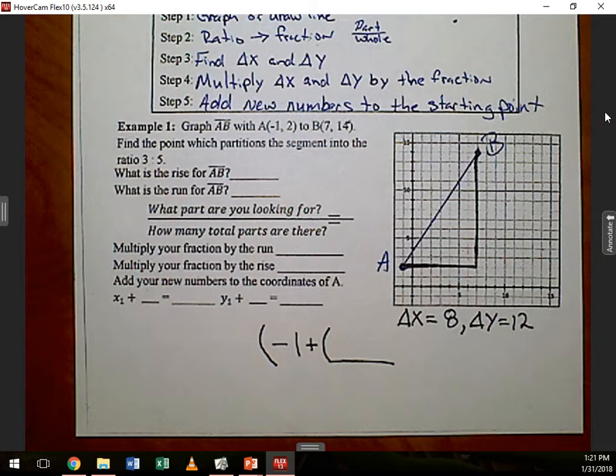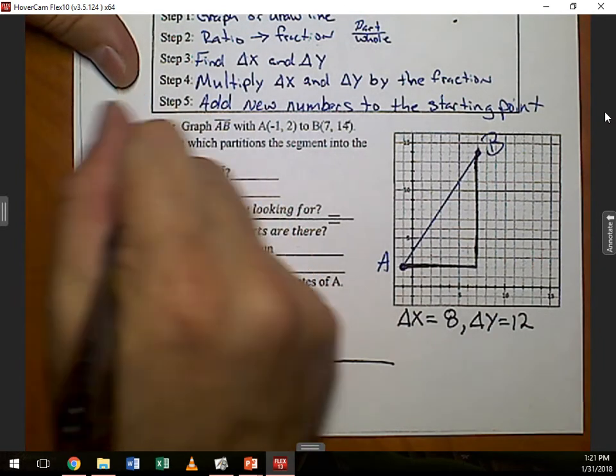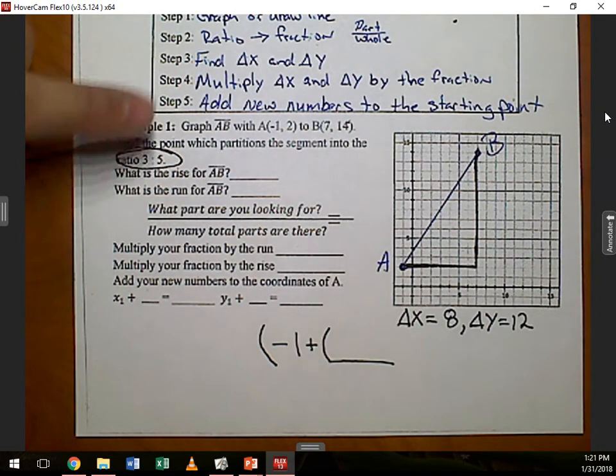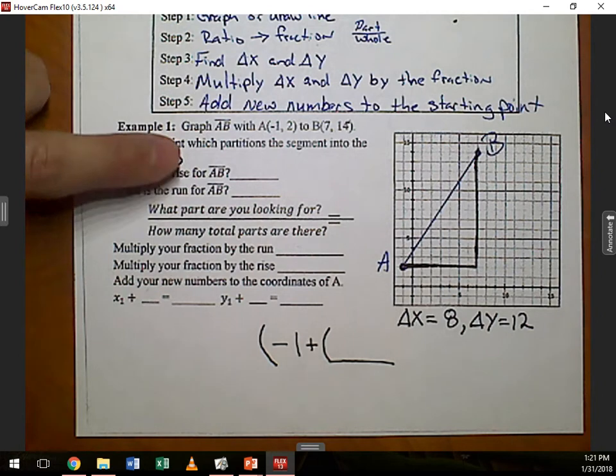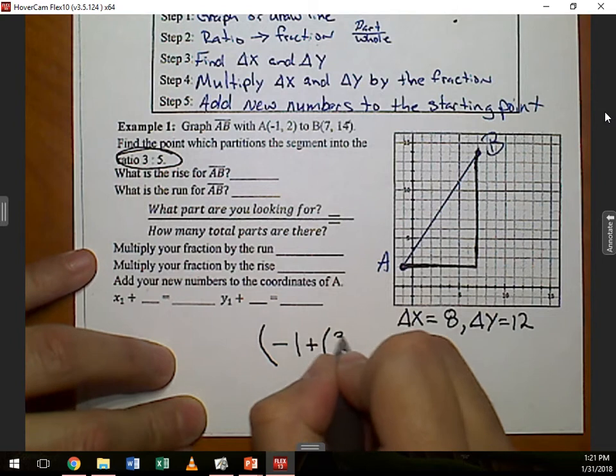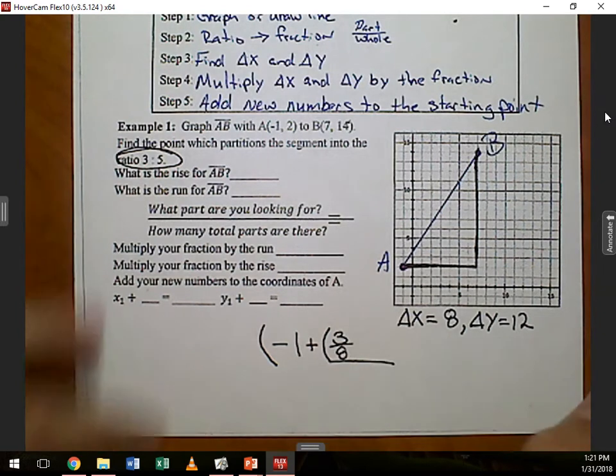So let's take a look. What is my fraction? If my ratio is right here, my ratio is 3 to 5, so my fraction is what? 3/8. 3/8, very good. Do you see where that came from?